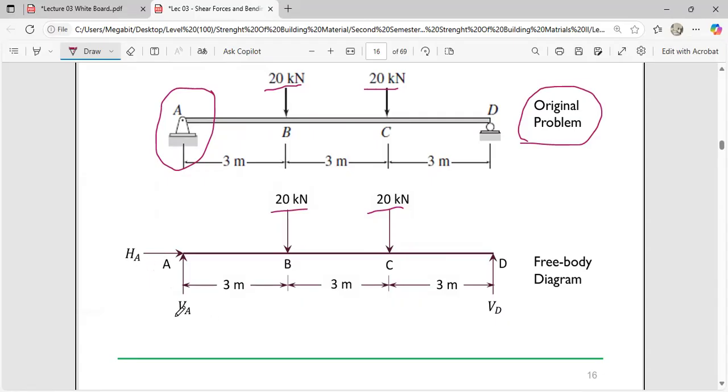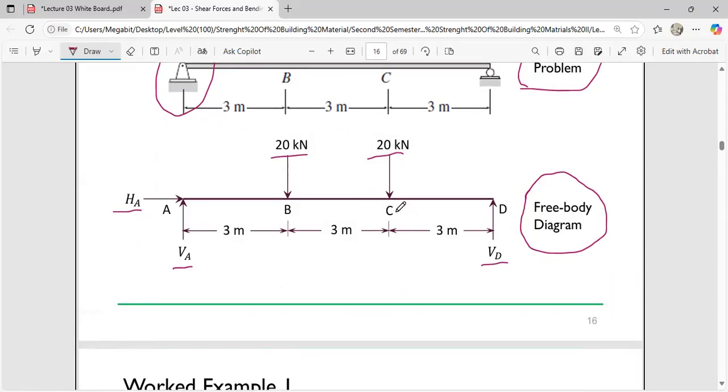That's why you can see they are VA, which means vertical force at A, and HA means horizontal force at A. And VD means vertical force at D. So you can see over here that we are drawing a free body diagram. You also do this for one additional mark. Both of these will never make you lose marks. So please remember to do this. You can't fail strength of materials if you do this.